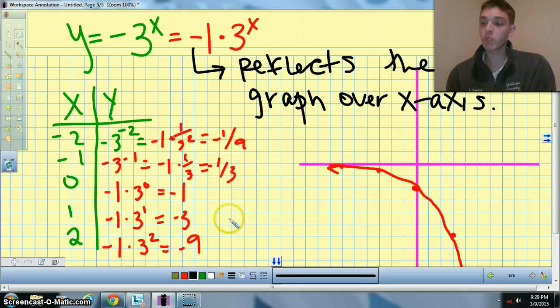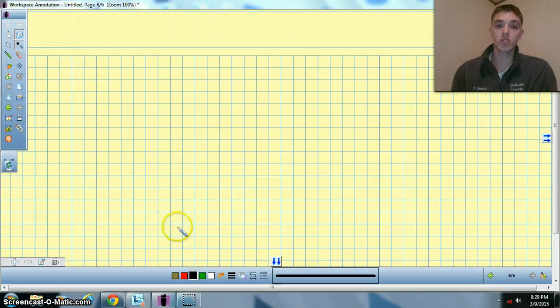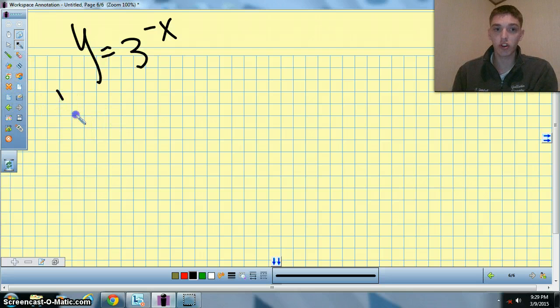Okay, we got one more situation to look at. What happens when there's a negative with the exponent? So y equals 3 to the negative x. Okay, again, let's create a chart here.